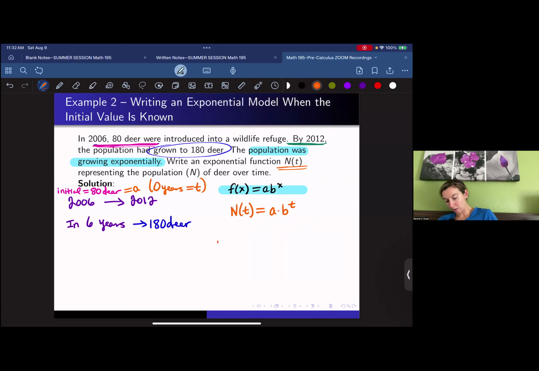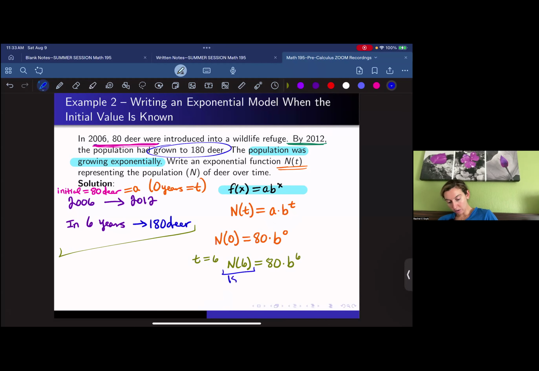So if we were to write this out, n at 0 is equal to 80 times, we don't know our b yet, but again, our time was 0. And then let's do it from 6 years. So now our t is equal to 6. So n of 6, our a stays the same. We don't know our b, but our t is 6. And we know that our n of 6 is the 180 deer.